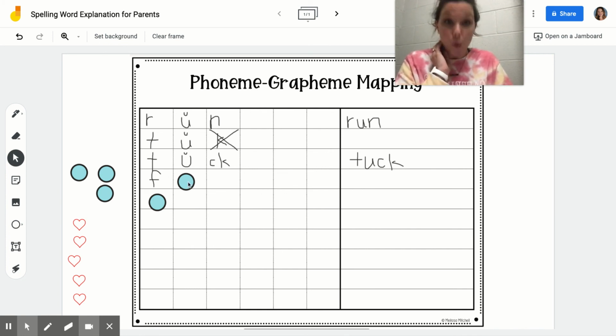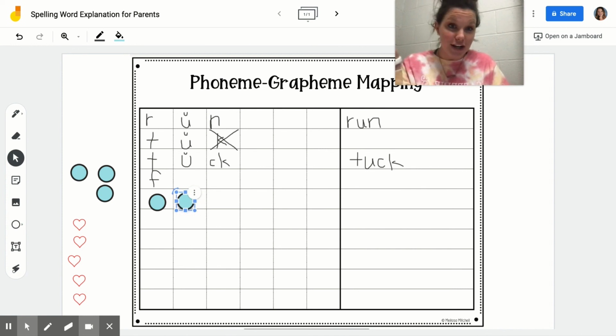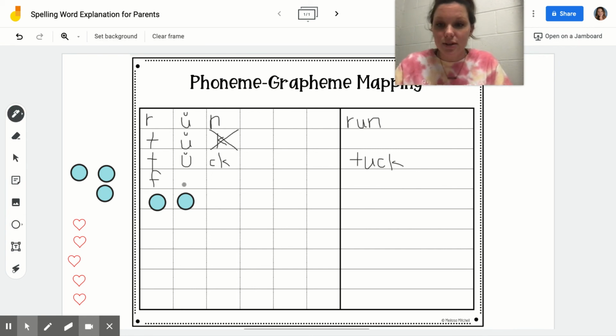So the next sound is or. Okay, or. In kindergarten, we don't go over that sound, but we know that or is O-R. So I would write O, R. Sorry, that makes it look like an O. And then because I don't know it, I would put a heart above the O, just above the O. Or you can put it above both of them.